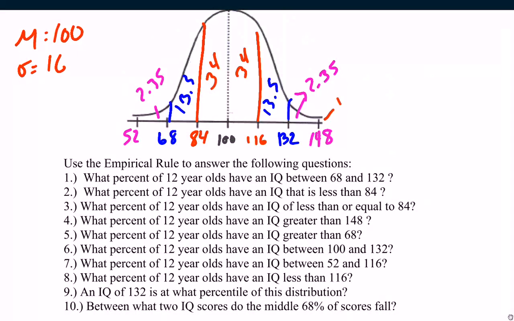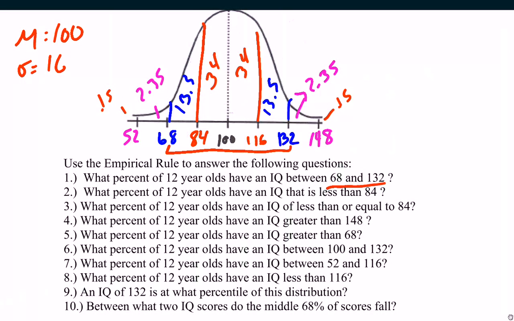And on the end, 0.15. I would encourage you to write those out on each of these problems and you have a big normal curve, because it's really going to help and you'll learn the numbers a lot faster if you do it that way. Okay, so if I'm going between 68 and 132, so that's 68 to 132. Well, that's nice because that's 2 standard deviations.